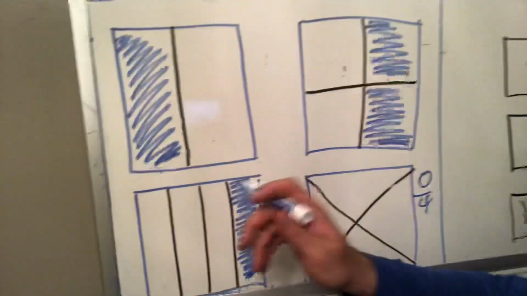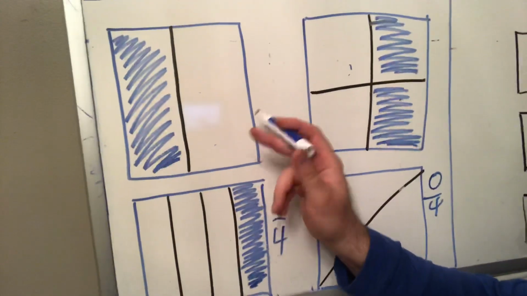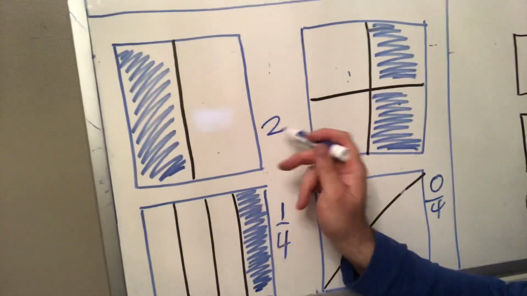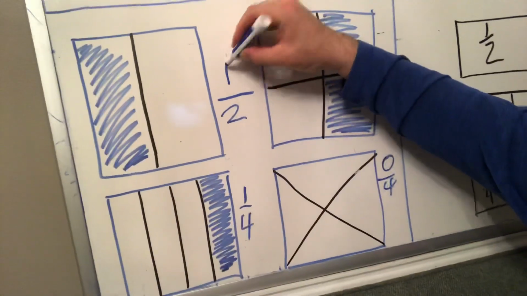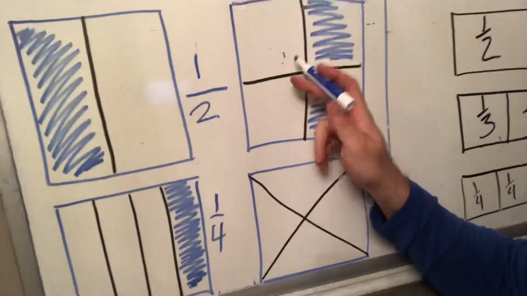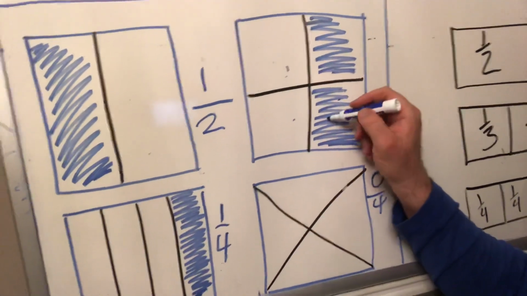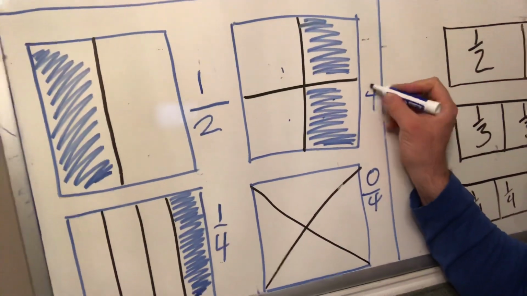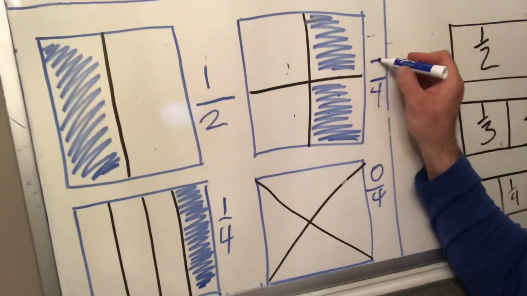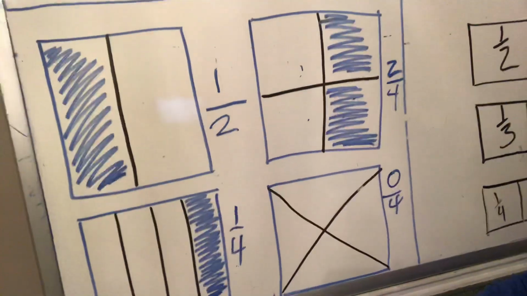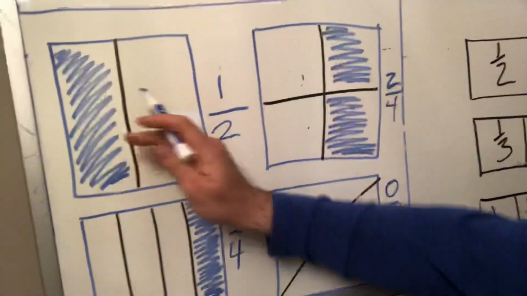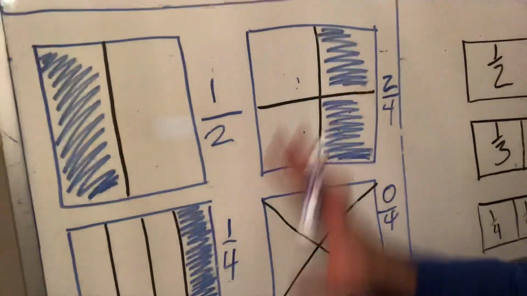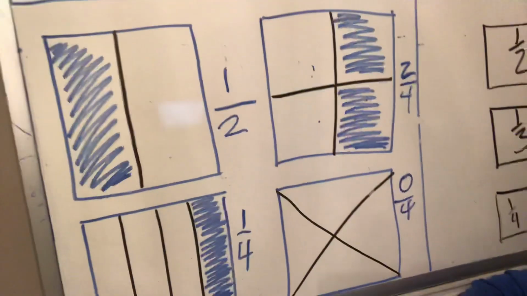Now, let's keep going up here. This is halves. We know that. This is 1/2, and how many are shaded in? 1. Now, let's look over here. There's 1, 2, 3, 4, so our denominator is 4. And how many are shaded in? 2. But what I want us to focus on right now is to see that this 1/2 and these 2/4 take up the same amount of space.